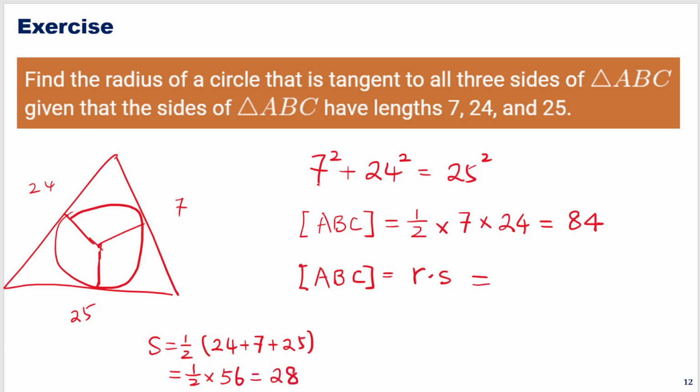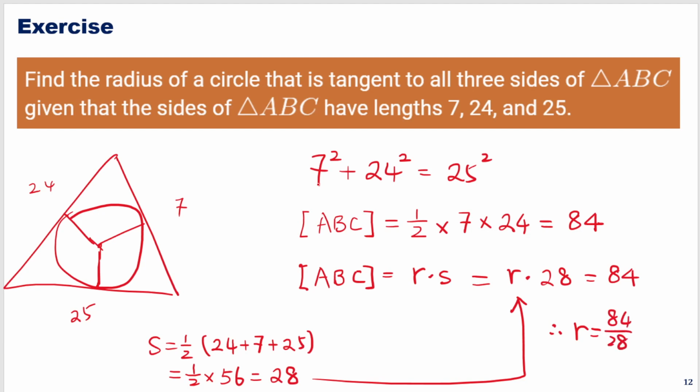And put the S here, so that equals R times 28. And the area is 84, right? Therefore, we know R equals 84 over 28, which can be simplified to 3, right? You get it?